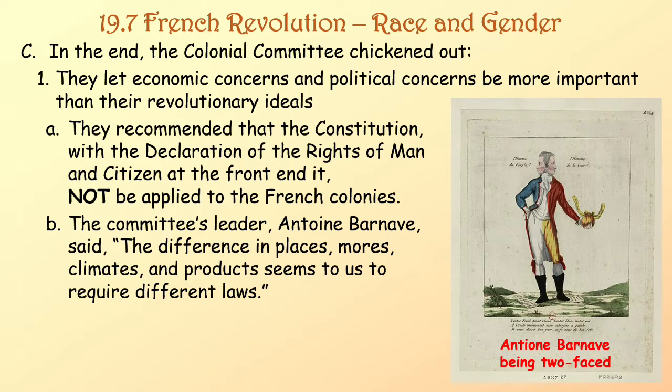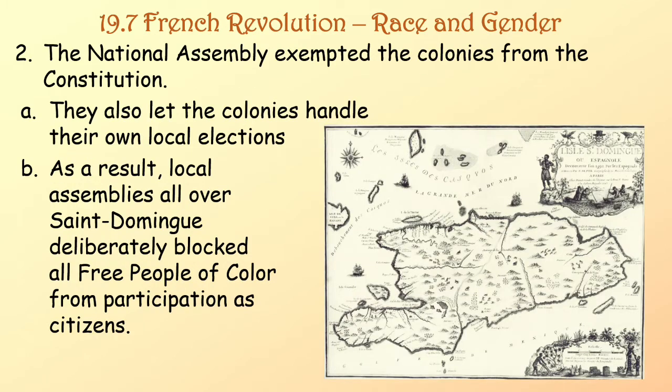The committee's leader, Antoine Barnave, said, "The difference in places, mores, climates, and products seems to us to require different laws." So the National Assembly exempted the colonies from the Constitution. They also let the colonies handle their own local elections. And as a result, local assemblies all over Saint-Domingue deliberately blocked all free people of color from participation as citizens.